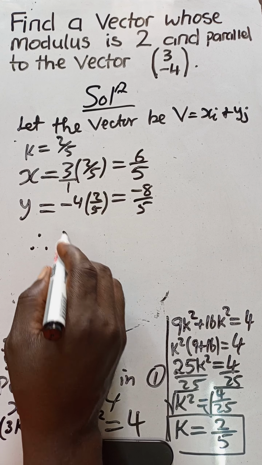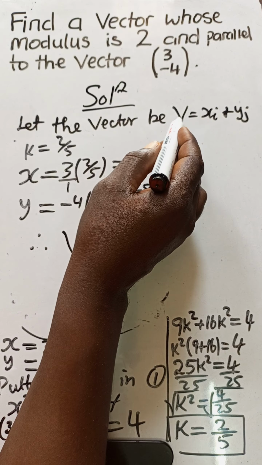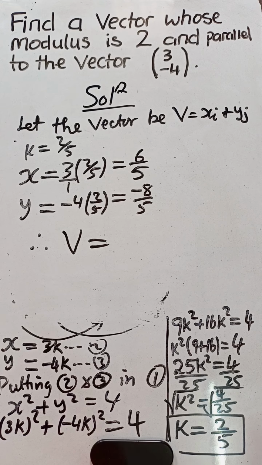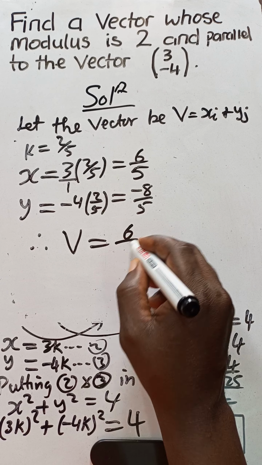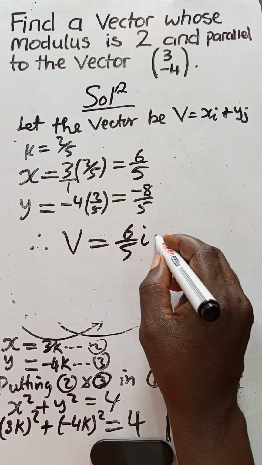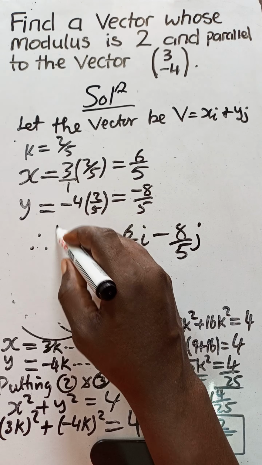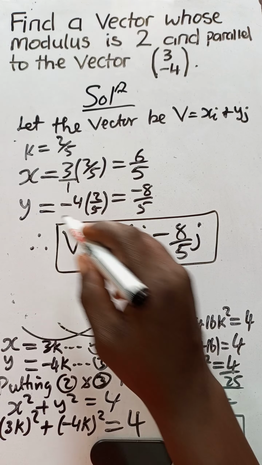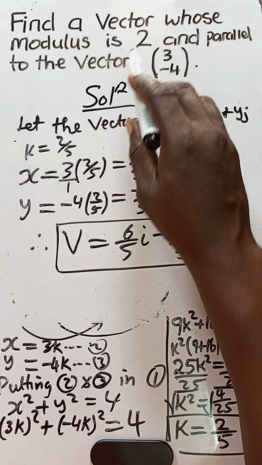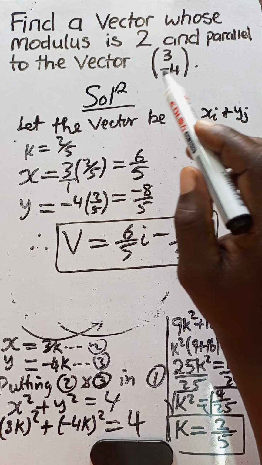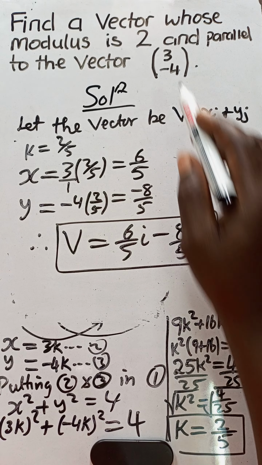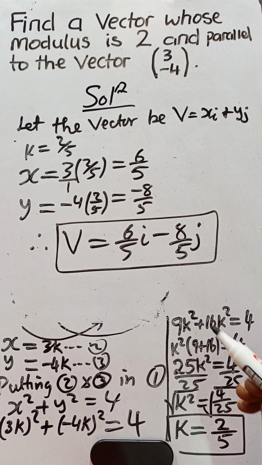Therefore, the vector we're looking for, v, is the vector 6 all over 5 i minus 8 all over 5 j. This is a vector whose modulus is 2 and which is parallel to the vector 3i minus 4j. What's good to check?